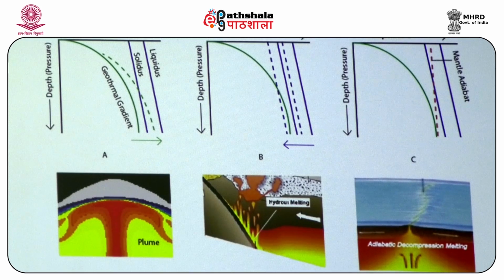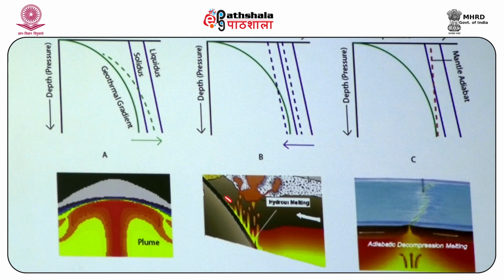Similarly, I also told you that when subduction takes place, this material gets heated up, but as this material, which is basalt, interacts with the ocean floor water, it gets hydrated, and its melting point decreases because of the presence of water. This is known as hydrous melting. So here we see anhydrous, without the presence of water, where you only increase the temperature.